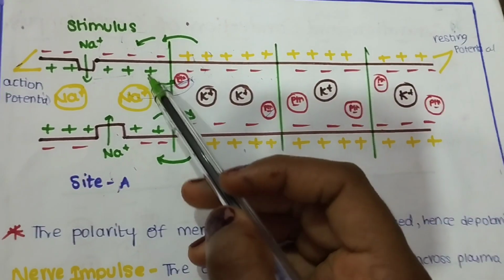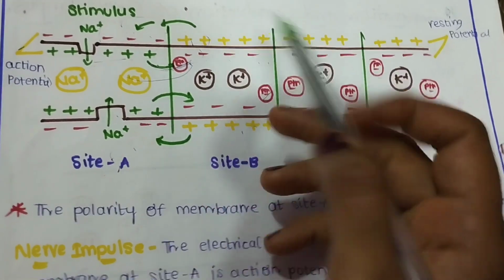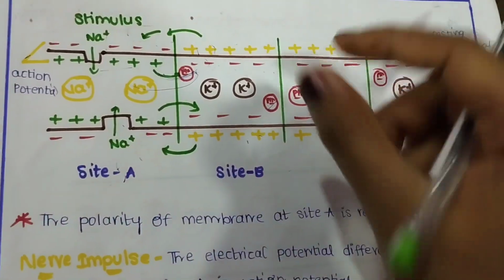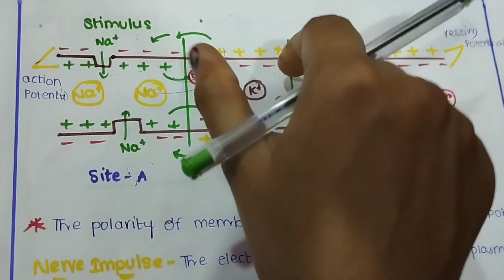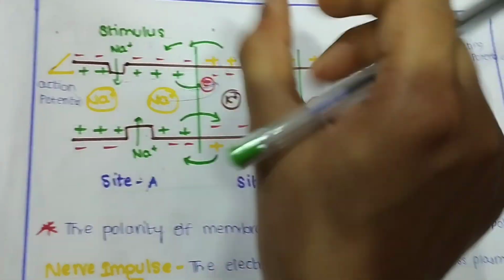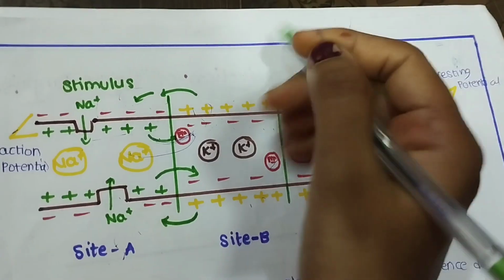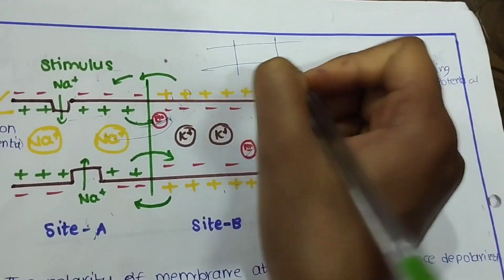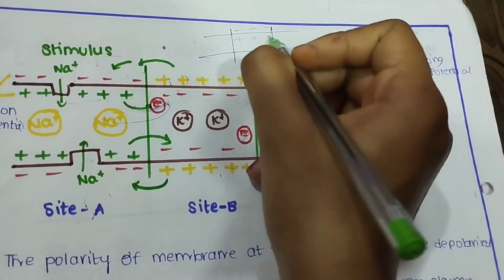As current is flowing from site A to site B inside, this positive charge is transferring here, so positive charge will be developed inside at site B. Outside, the current is flowing from site B to site A, so this positive charge is transferred there and negative charge develops outside at site B. So outside negative and inside positive will be developed.